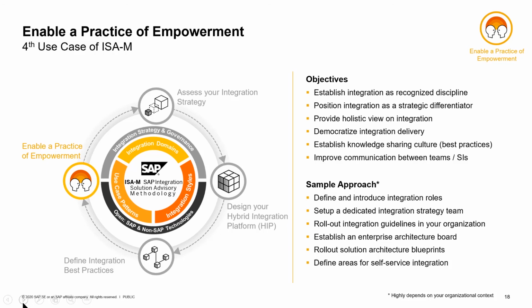For instance, for integration developers working in different lines of businesses, and to empower citizen integrators, which are lines of business users, to implement integrations within their application area on their own. To help you with that, the ISAM framework provides, for instance, predefined integration roles with a task in an SAP context, guidance on how to introduce an integration expert team, and more.